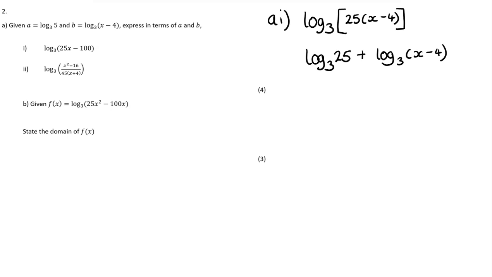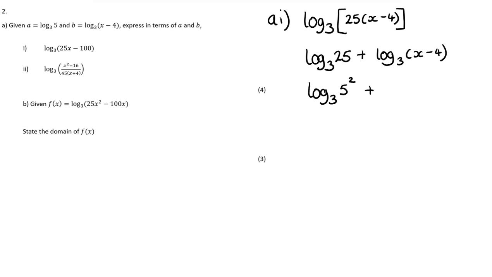What we can realise, though, is that a is log to base 3 of 5. And I can write 25 as 5 squared. So try and think about how I can get that 5 involved in this somehow. So I'm going to rewrite log to base 3 of 25 as log to base 3 of 5 squared.